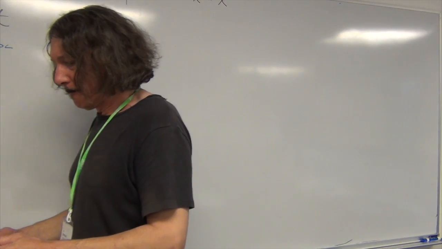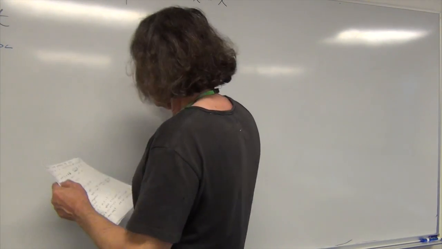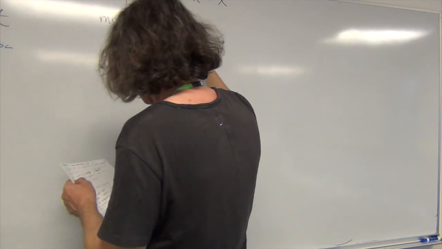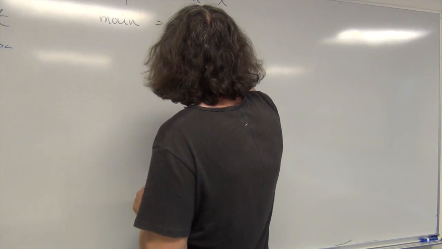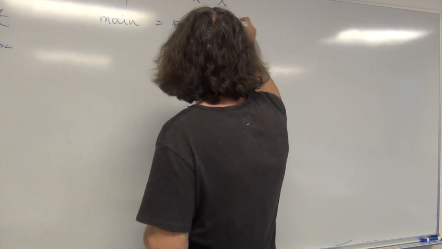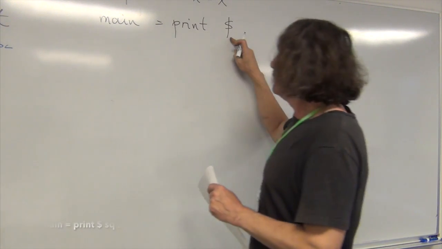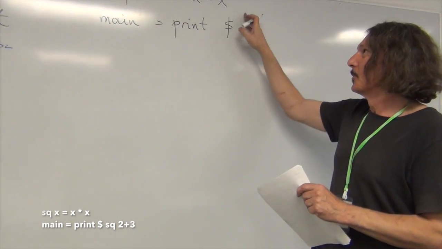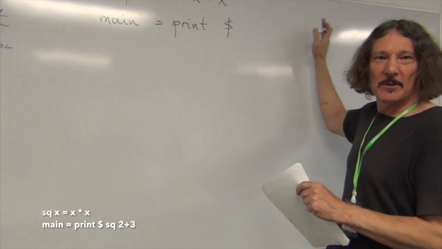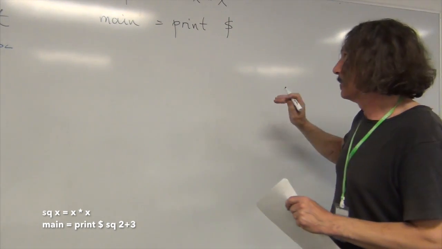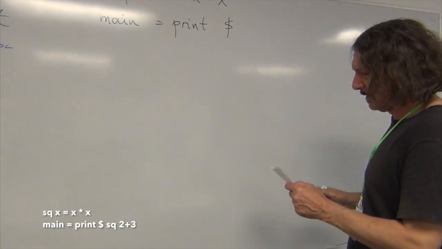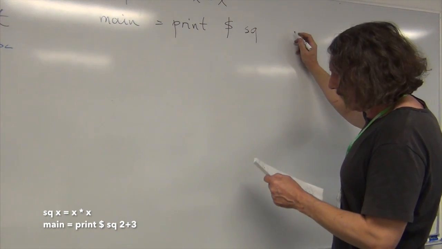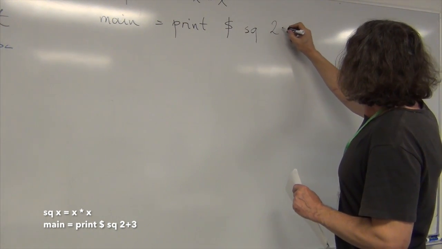So what would this do? Main equals print $. I use the $ sign a lot after print because I don't want to put everything in parentheses and I might forget the closing parenthesis. So what if we do this? Square of 2 plus 3.